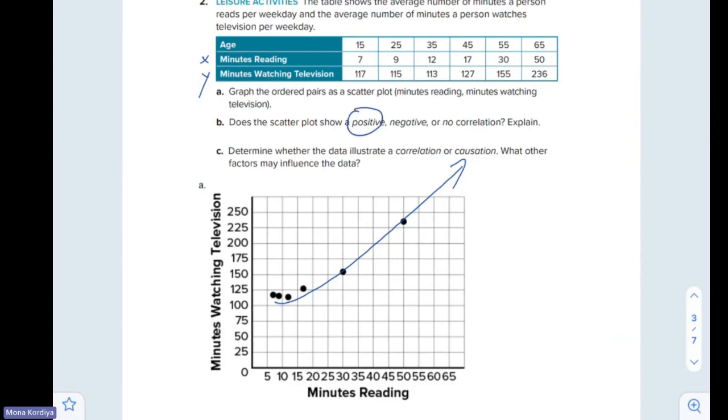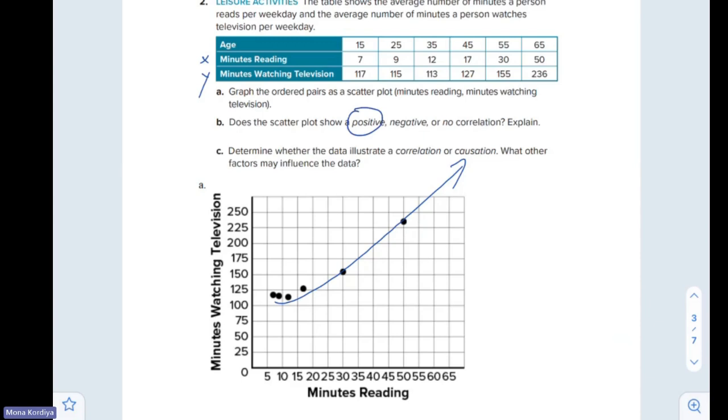Now the question is, is it causation? Does the number of minutes reading affect the number of minutes watching television? Some people will say yes, because if you read more, then you will watch TV less, or vice versa. But actually, both factors are affected by the free time, the age, the hobby.